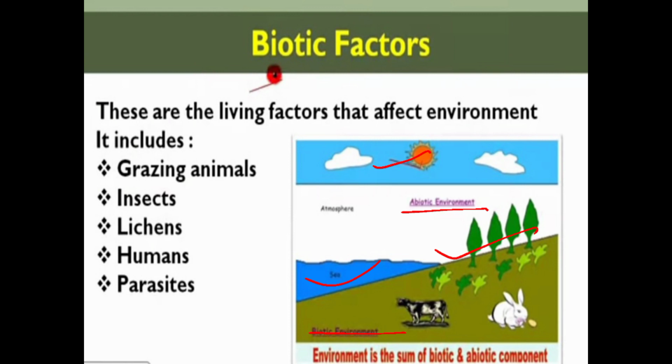And biotic factors are the buffalo, rabbit and lichens. Both biotic and abiotic components together make up the environment. Environment is the sum of biotic and abiotic components.